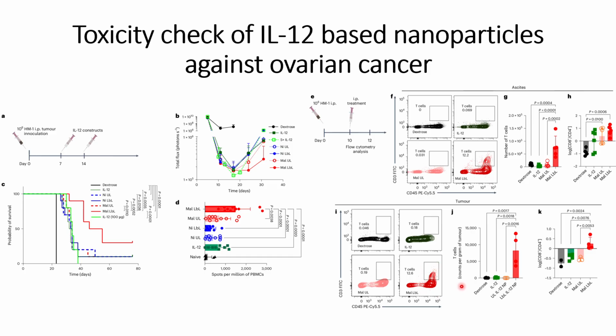They quantified this in panel K, where we can see that CD8 and CD4 are high only for Mal-Lbl, but in all other cases they are lower. The total amount of T cells is also increased where they use LBL based interleukin 12 nanoparticles, which is the same as the Mal-Lbl nanoparticles. This is just a different name for the same approach.